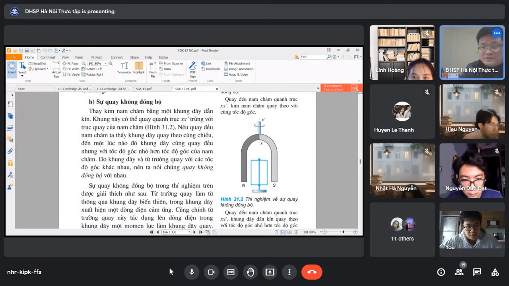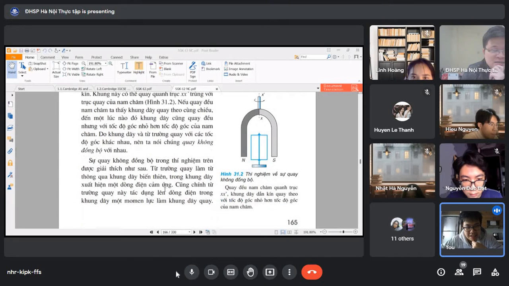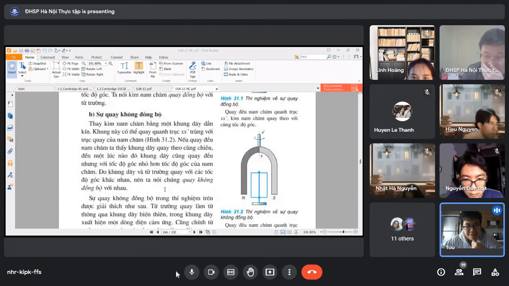Okay, so we have no time for Kit to think. I think that the forces on the two sides of the rectangle will destroy each other.